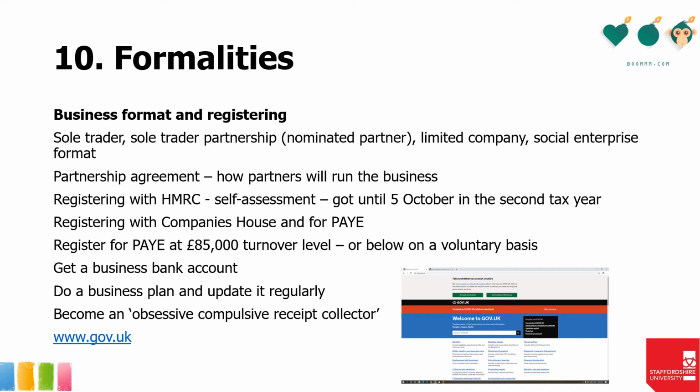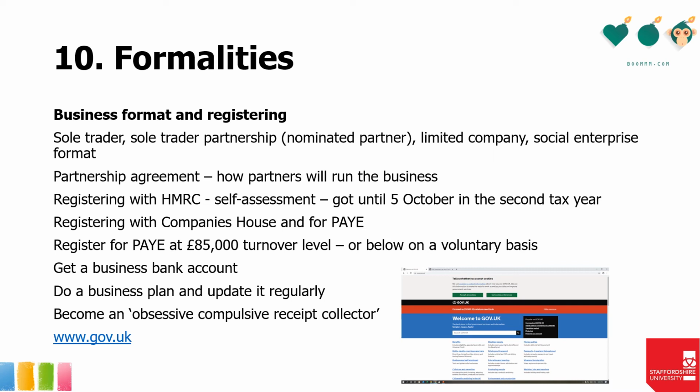You either register with Companies House if you're going to be a limited company, and you register again on gov.uk. That is the website that runs the country. So go on to gov.uk, you'll see a little search box there, and you can put in self-assessment, and that will take you directly to the page where you fill an online form in, and that gets you registered as a self-employed person.